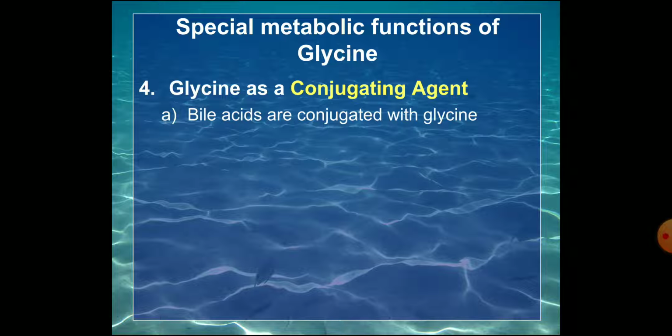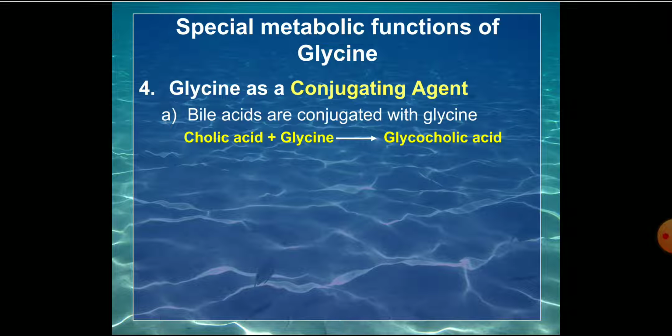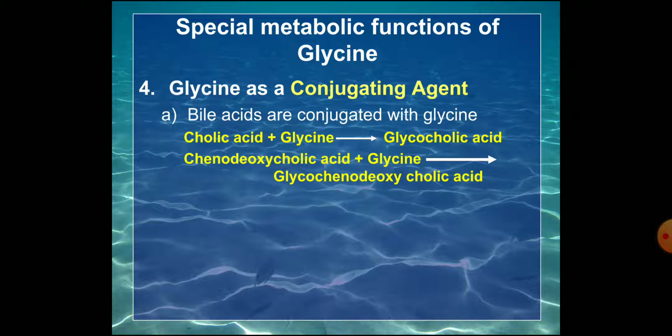Bile acids are formed and conjugated with glycine to form glycocholic acid or glycochenodeoxycholic acid. So cholic acid plus glycine forms glycocholic acid, and chenodeoxycholic acid plus glycine forms glycochenodeoxycholic acid. These are the primary bile salts.